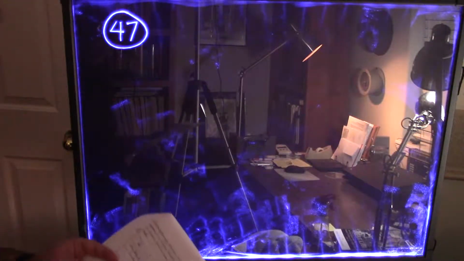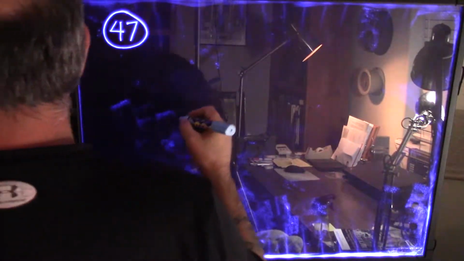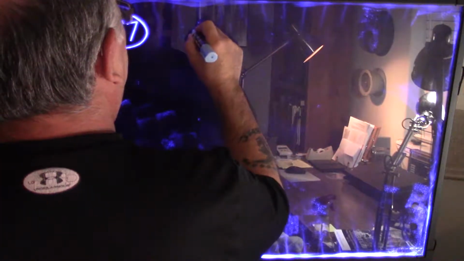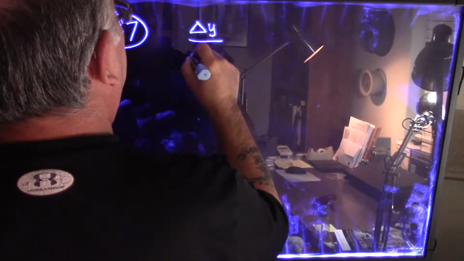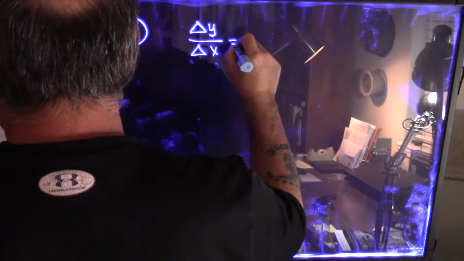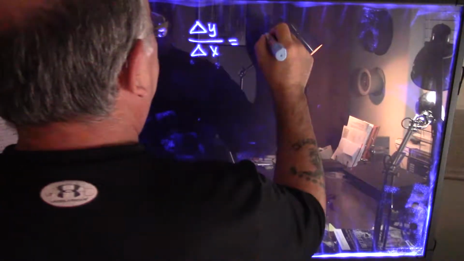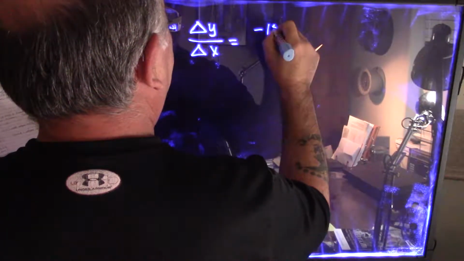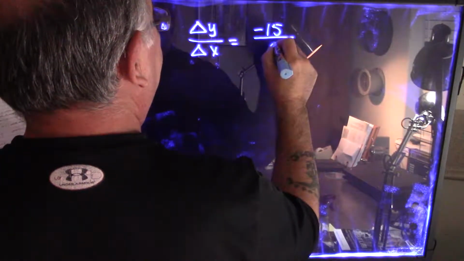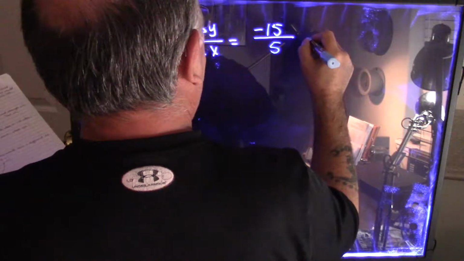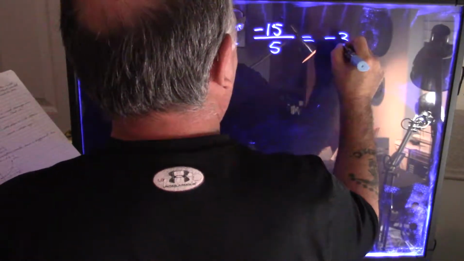Alright, so what is delta y over delta x? Well, you add negative 15 each time on these y coordinates for the same change in x, which will be 5 in this table, and you get negative 3.